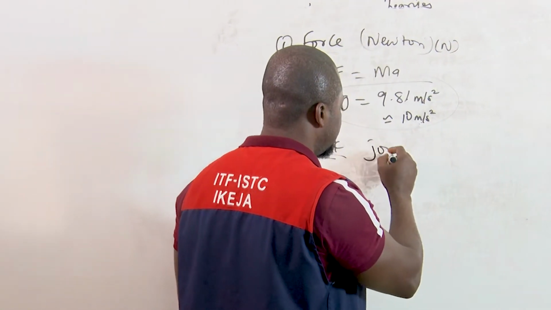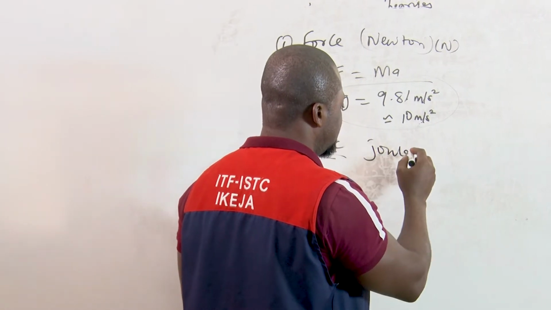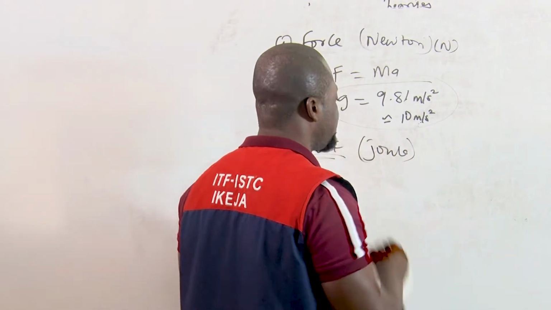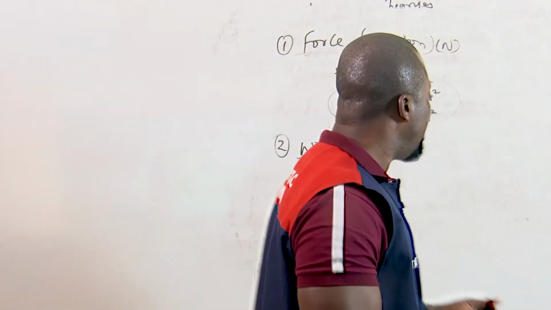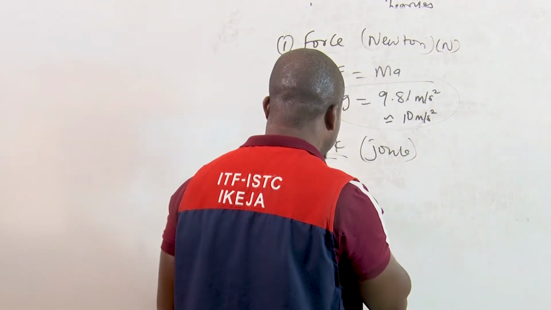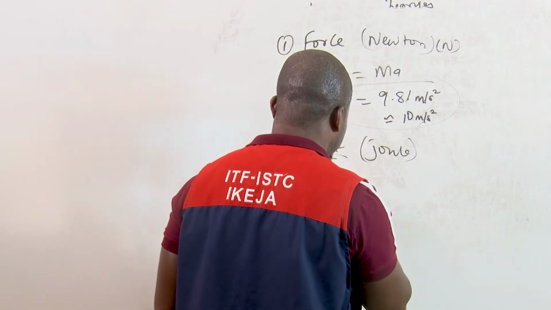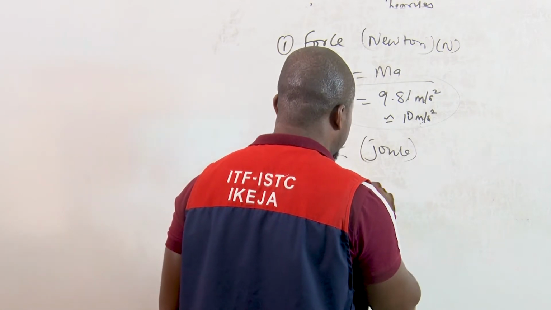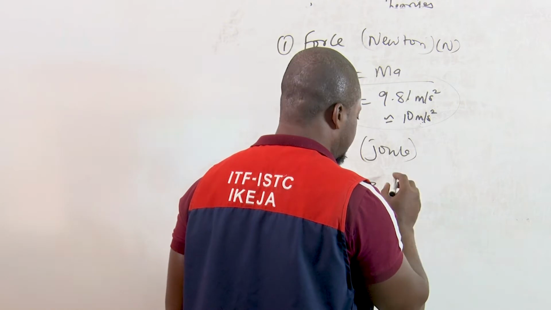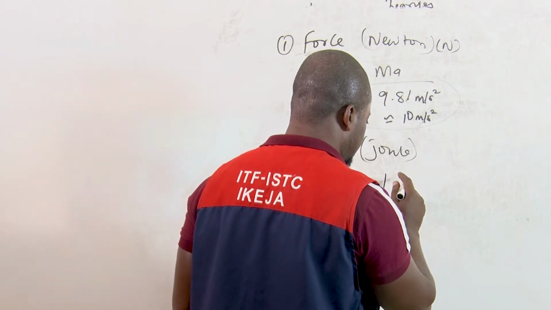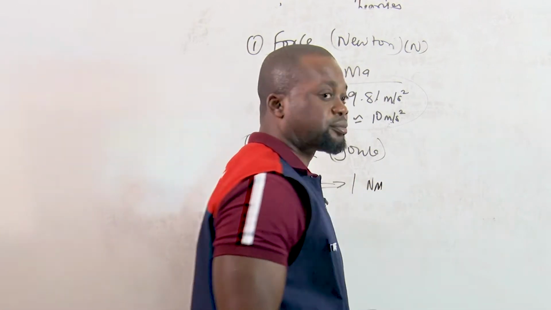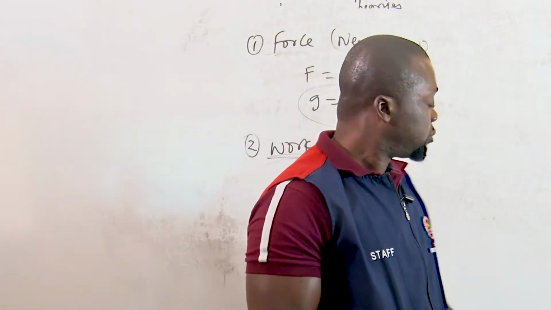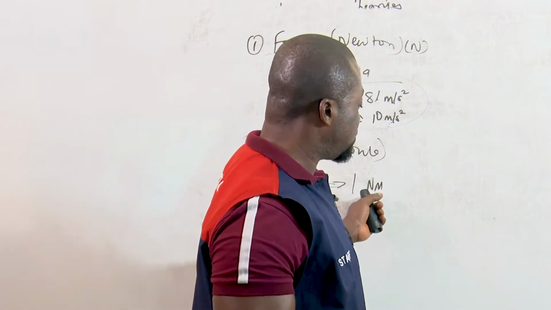Unit of work is in joule, or energy, as you can see. Where 1 joule is what? 1 joule is equivalent to 1 Newton meter.